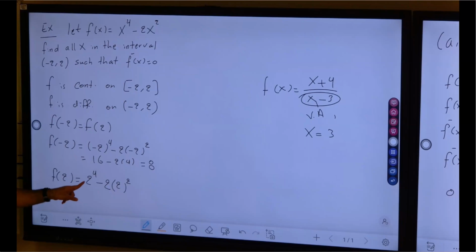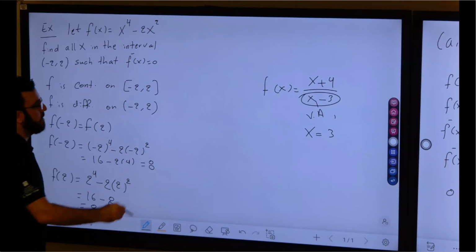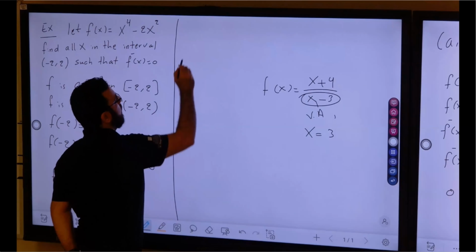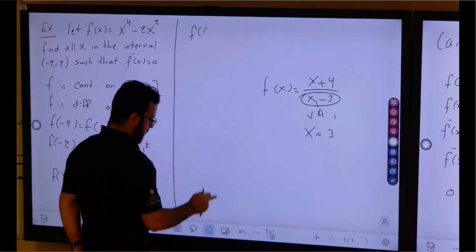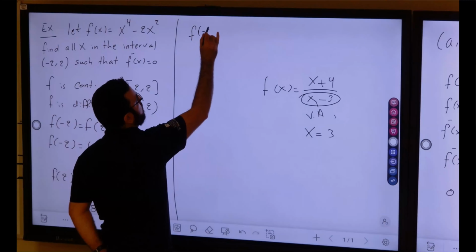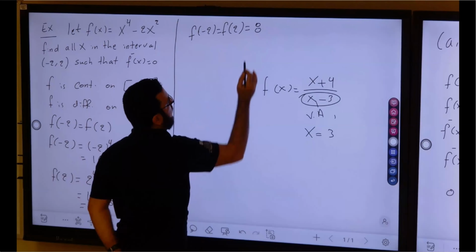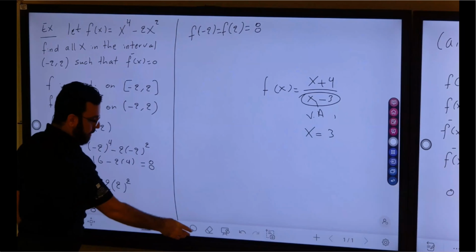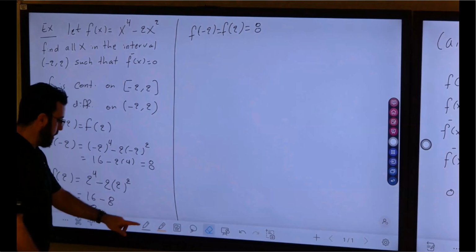It's going to be the same thing, 16 minus 2 times 4, 16 minus 8, which is equal to 8. That means f of -2 equals f of 2 and equals 8. So now I can use Rolle's theorem.